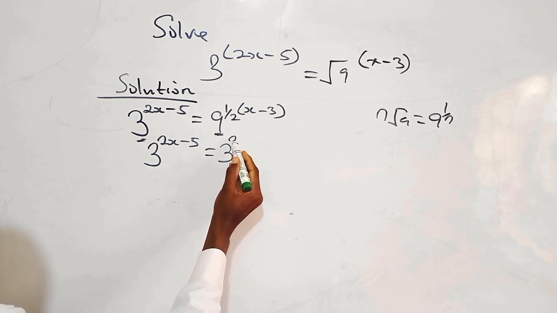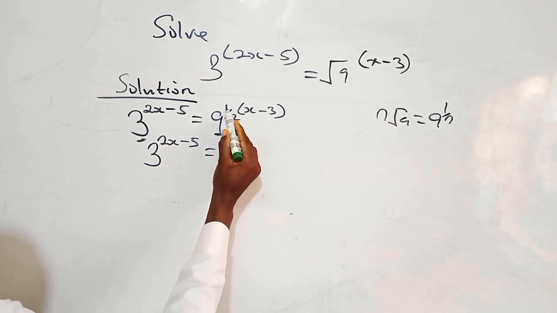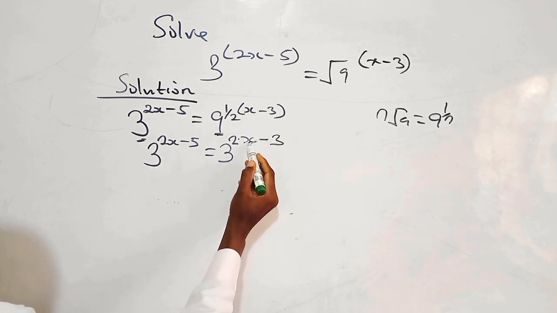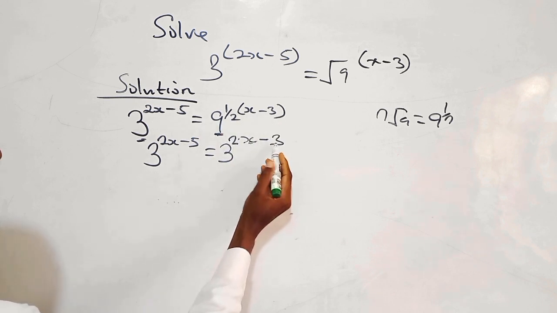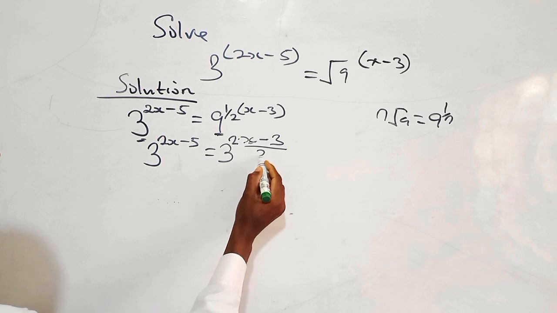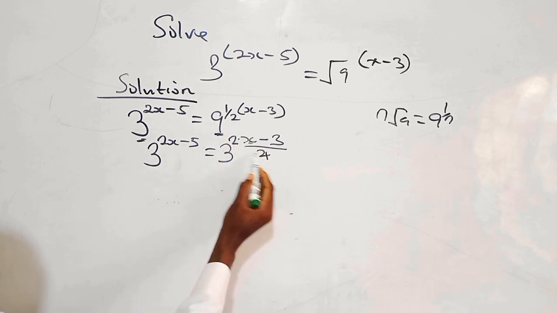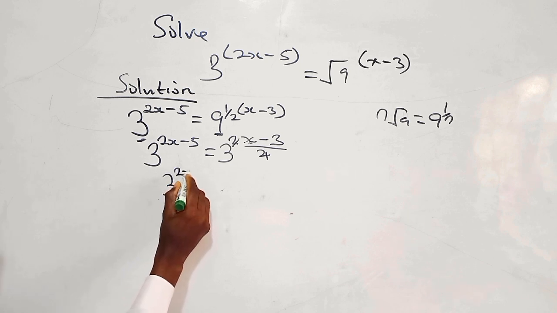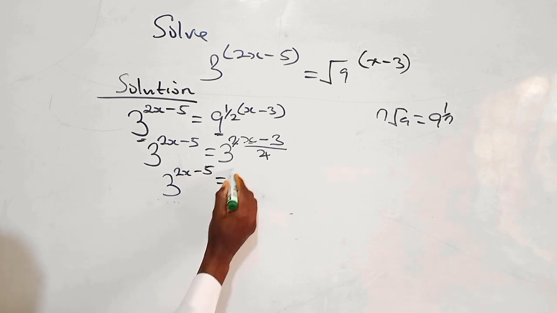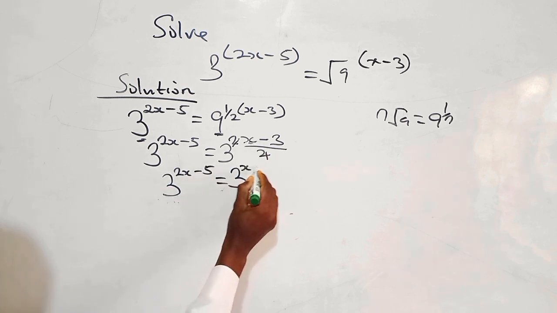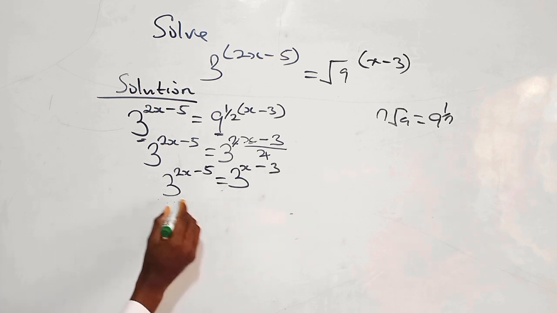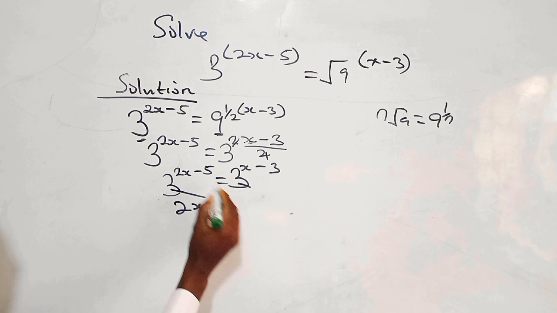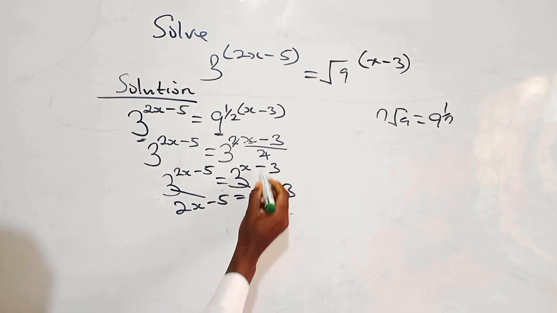So 3 raised to power 2 times, so for 1 over 2, I multiply this, I have x minus 3, 1 times x is x, minus 1 times 3 is 3, divided by 2, so this can easily cancel this. So here I have 3 raised to power 2x minus 5 equals 3 raised to power x minus 3. So I can compare the exponents. So I have 2x minus 5 equals x minus 3.